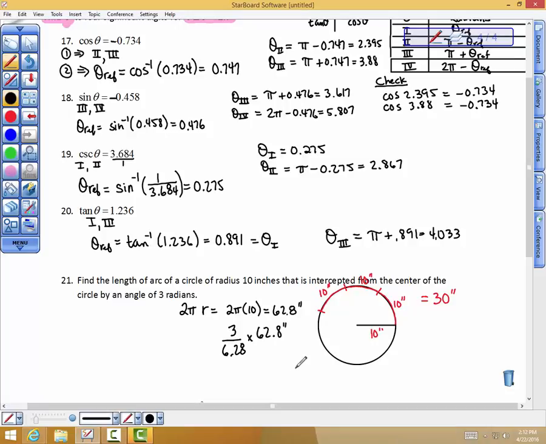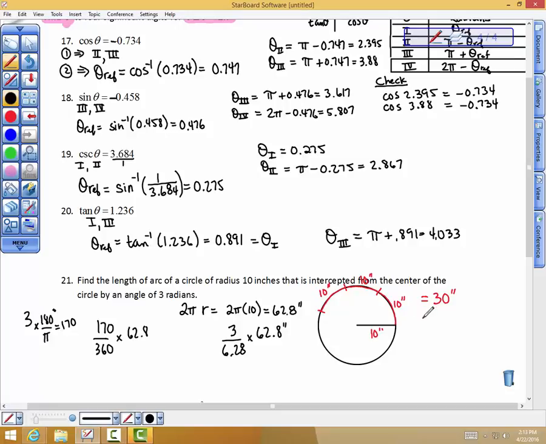Or you can do this in degrees. You can convert this to be about 170 degrees out of 360 degrees. Now again, it's whatever 3 times 180 divided by pi is, so I didn't do that in advance, so it's about maybe 170 or so degrees. So 170 out of 360, and you could multiply that by the full circumference, the 62.8.